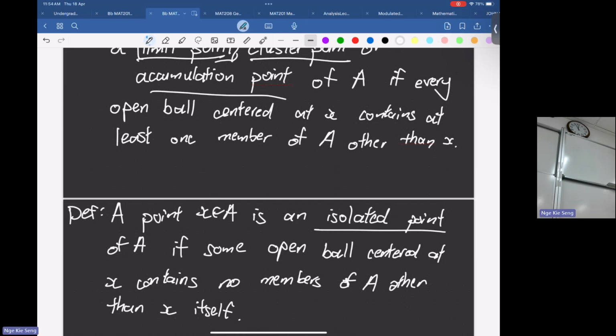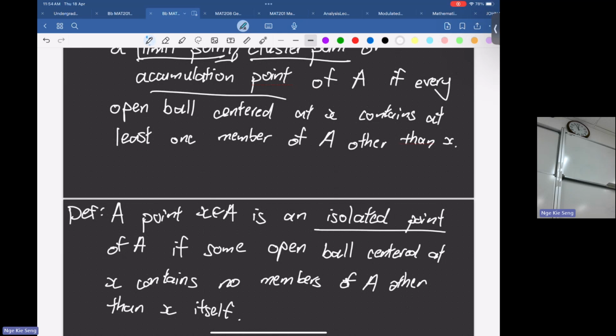What we can say is not an isolated point. I think if you define it this way, it's the same. How about we make this an exercise?